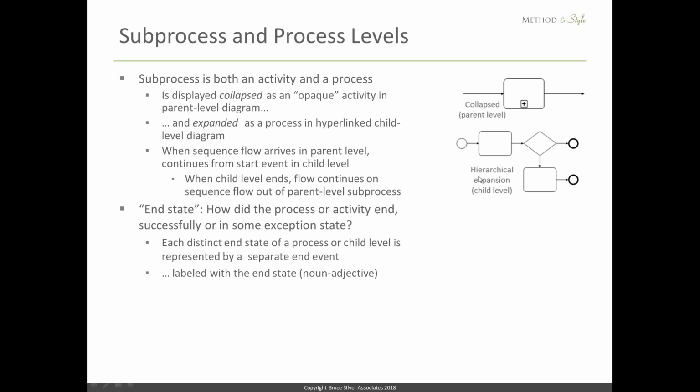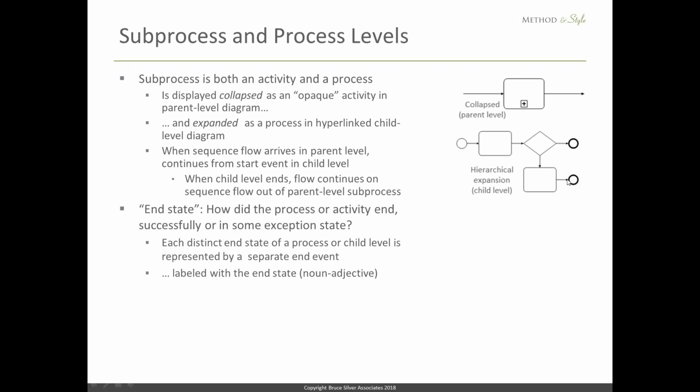A single model is not one diagram, but a tree or hierarchy of diagrams that have parent to child relationships. Notice here in the child level diagram, I have two end events, these thick circles. It just means that the child level subprocess ends when it reaches one of these. So there are two of them here.